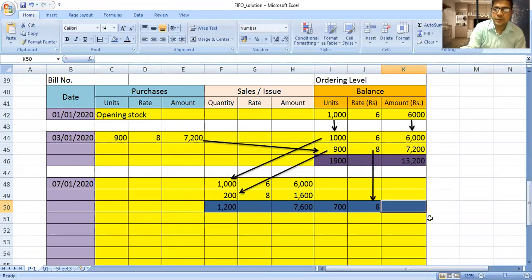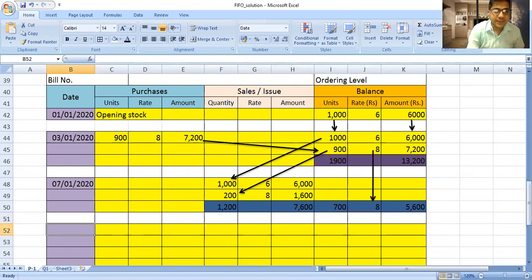So 700 into 8, 5600. So we have a closing balance on 7th January 2020 of 700 units at the rate of 8 per unit, and their value is 5600. So I hope you understood this FIFO method.